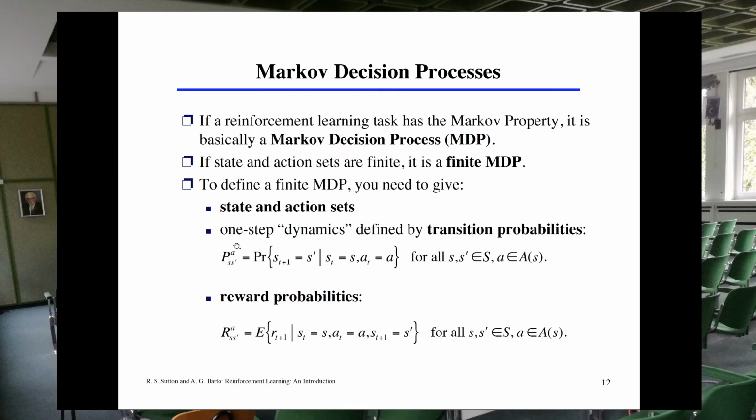You need to define, optionally, something that you could have in a problem or not, the transition probabilities, which is a probability distribution that will tell you, given that the agent is in the state S and it performs action A, the probability that the environment will transition to some next state S prime.